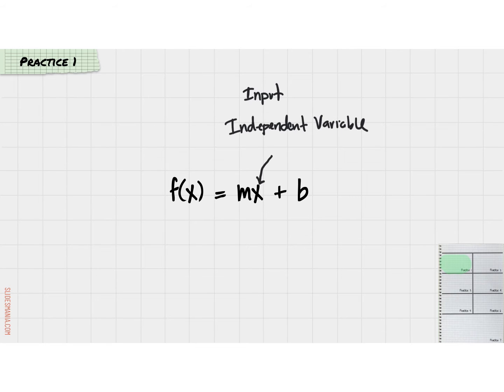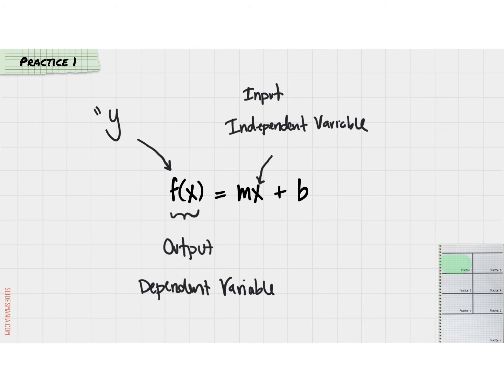All right? F of X is known as our output, okay? That is called our dependent variable. That is also a different way of saying Y, okay? That's another term that we can use for it, Y.